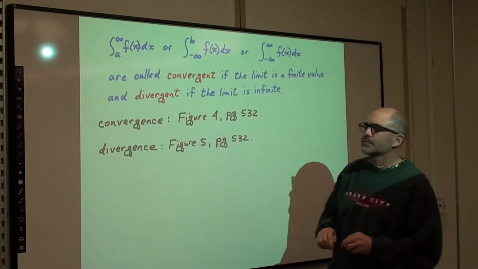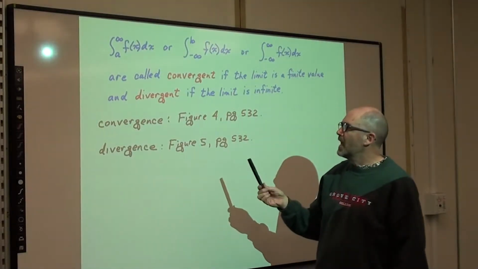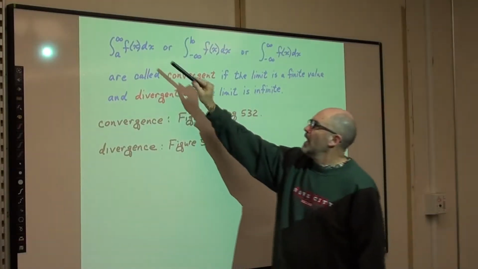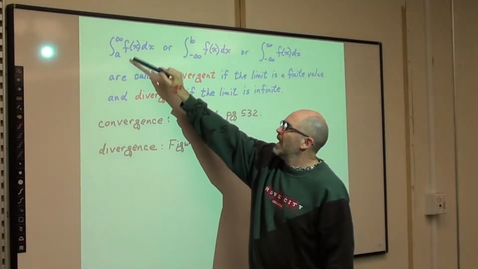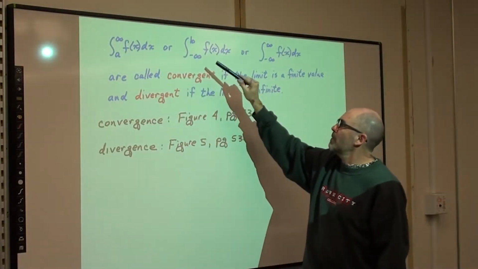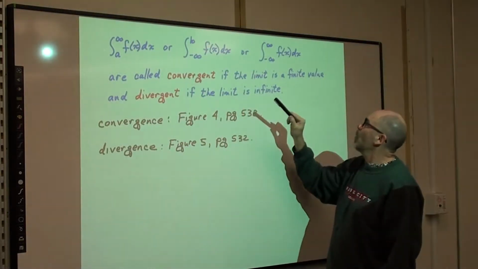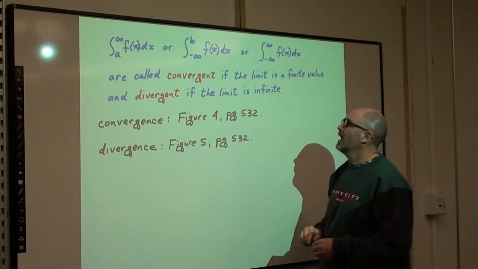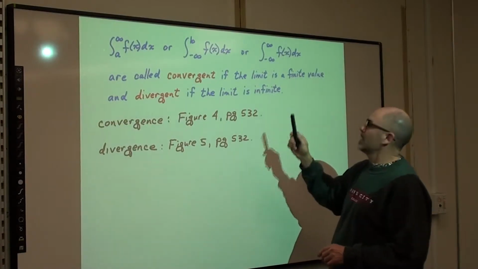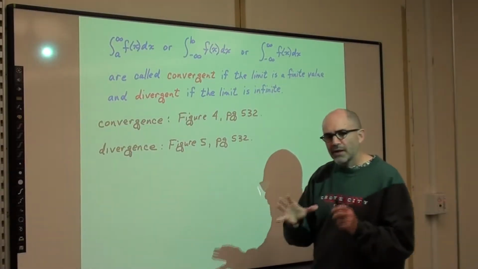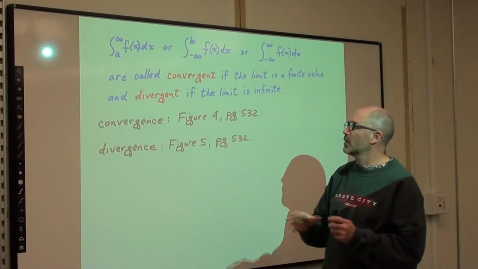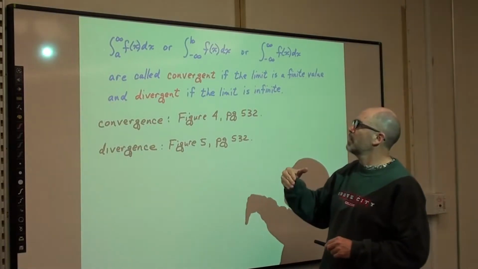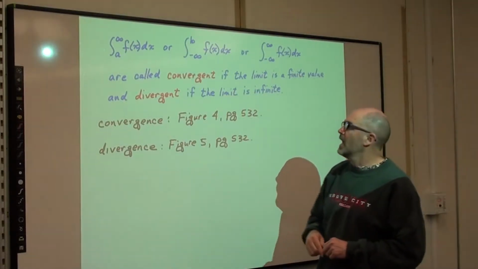Okay, next thing, sometimes these integrals do end up being infinite. So if you have an integral from a to infinity, or an integral from negative infinity to b, or an integral from negative infinity to infinity, if the limit is a finite value, you get one single value for the entire integral, and the integral is said to be convergent.